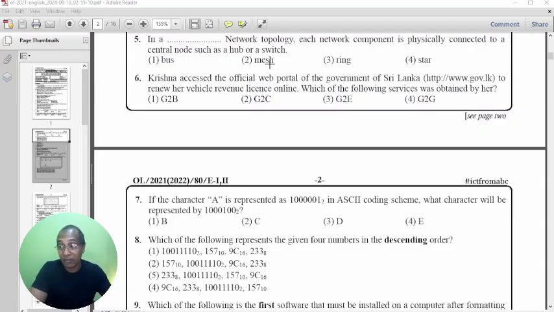They are asking specifically about a hub or a switch, so mesh is out, bus is out. Ring looks like a ring because it goes in a circle, which is why you have token ring topology networks. And the last one is a star network, which is the right answer.